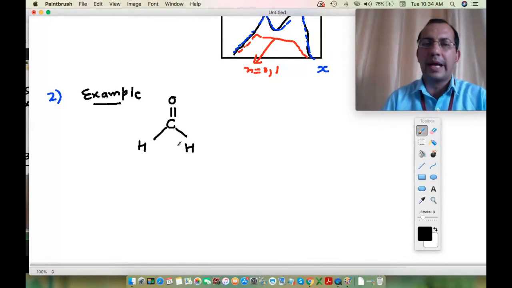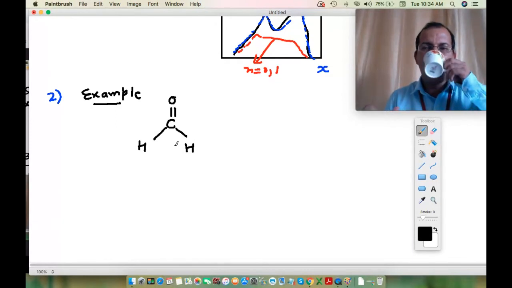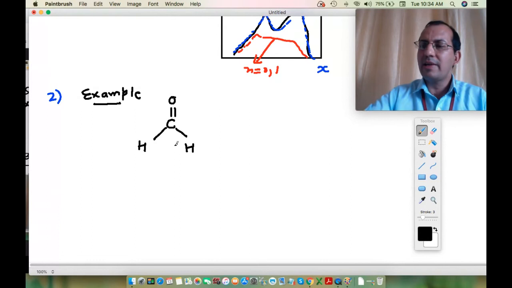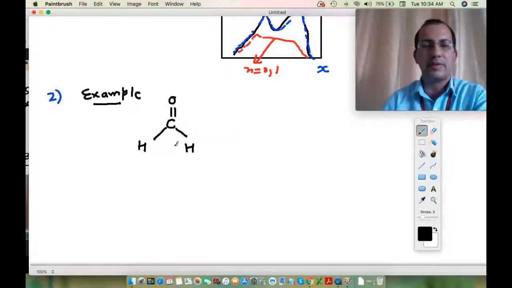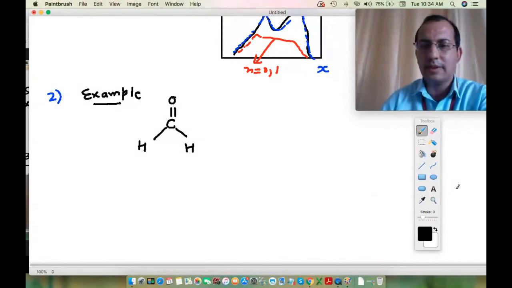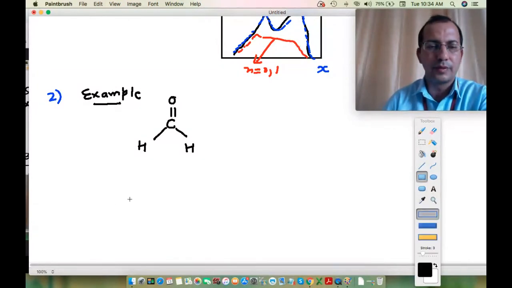For example, if you carry out the FTIR spectra of this molecule, how does it look? It would also help us understand how this formaldehyde molecule absorbs energy and how it releases energy. Let's find it out.